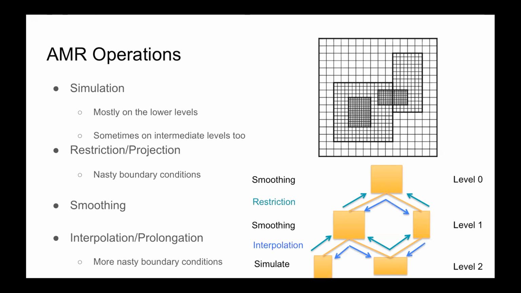And of course, on both the restriction and projection and the interpolation and prolongation, you can get all sorts of nasty boundary conditions that you really have to deal with. Different AMR simulations have different ways of dealing with the boundary conditions. It makes it really challenging because sometimes different simulations will want different ways of dealing with those boundary conditions between grids that are either refined or not refined. Especially, for example, let's see if you can see my mouse or not, between these cells on a border, right?